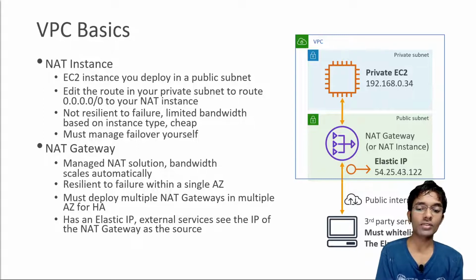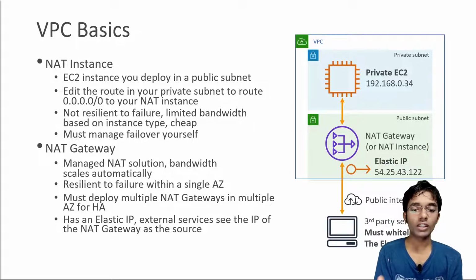But in case you want multi-availability zone high availability, then you need to set up multiple NAT gateways in multiple availability zones. And then finally, your NAT gateway will have an elastic IP, and so the external services will see the IP of the NAT gateway as the source. And I will explain this to you right now.